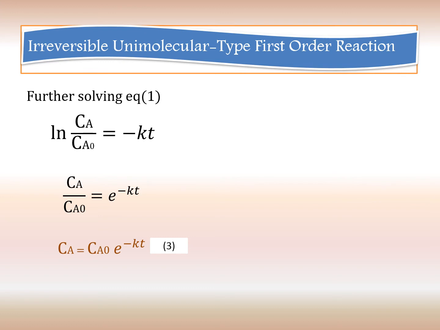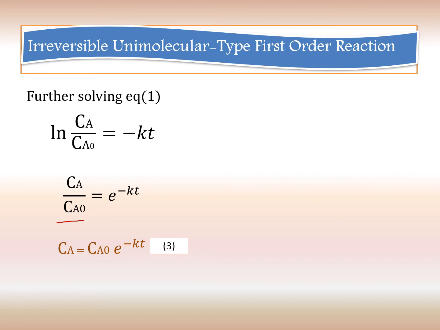In this slide, if we further solve equation number 1 by putting the exponential on both sides, ln and e will cancel out each other on the left side, and at the end the equation which we will get is C_A equals C_A0 e to the power minus kt, which we name equation number 3.